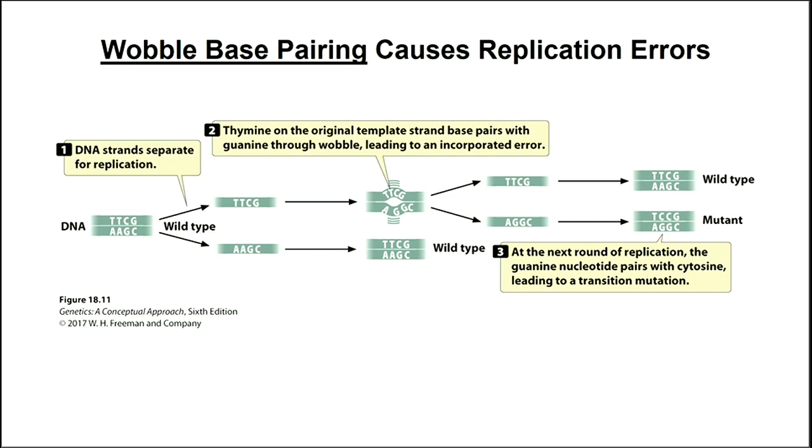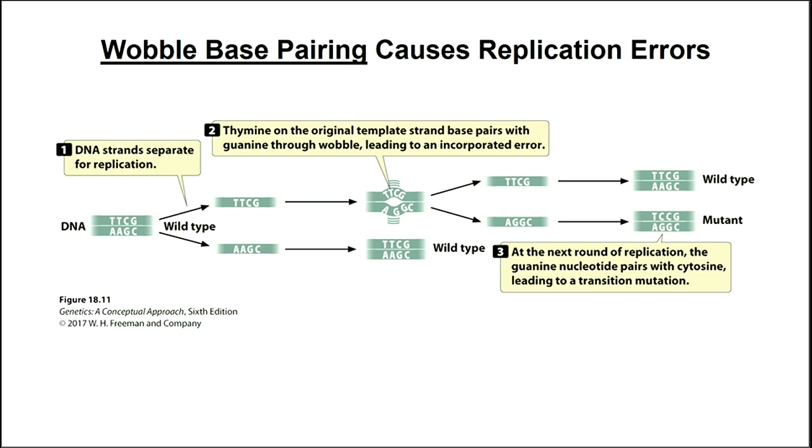So let's look at that wobble base pairing. So here we have TTCG and AAGC. We're going to separate those 2 strands. On the bottom half, everything is replicated perfectly fine. But on the top half, we see that across from that T, the DNA polymerase accidentally put a G. So we have a G across from a T in that top section.